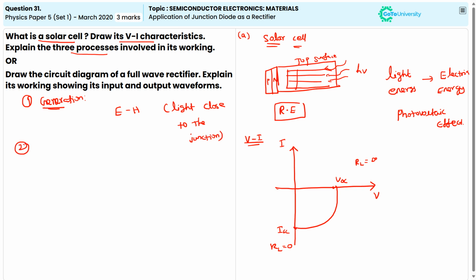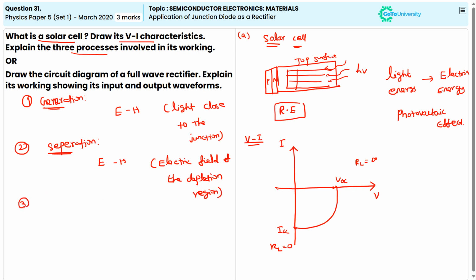Now the second process is separation. In this process, electrons and holes are separated due to the electric field of the depletion region.